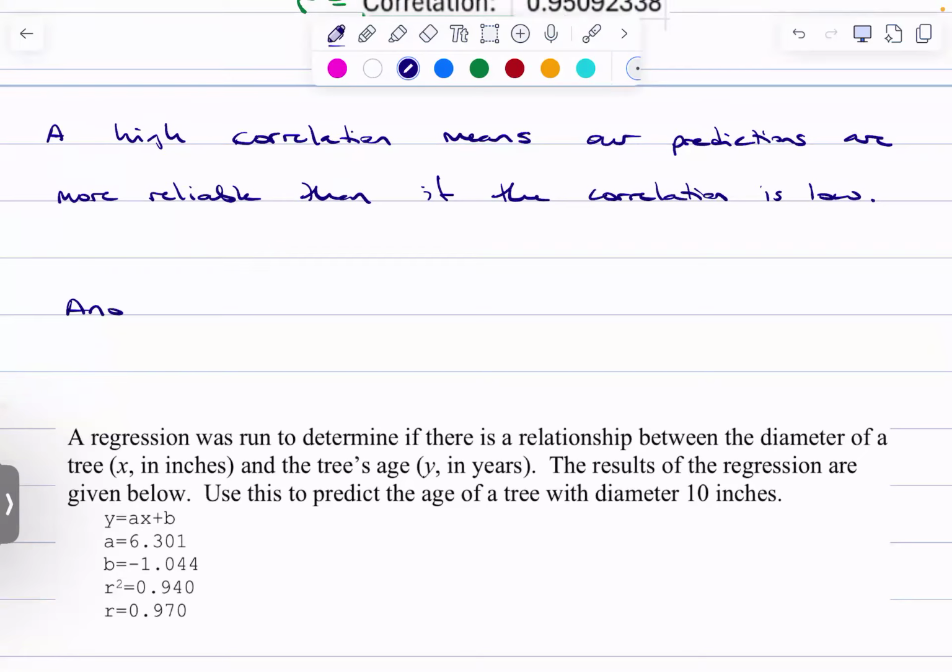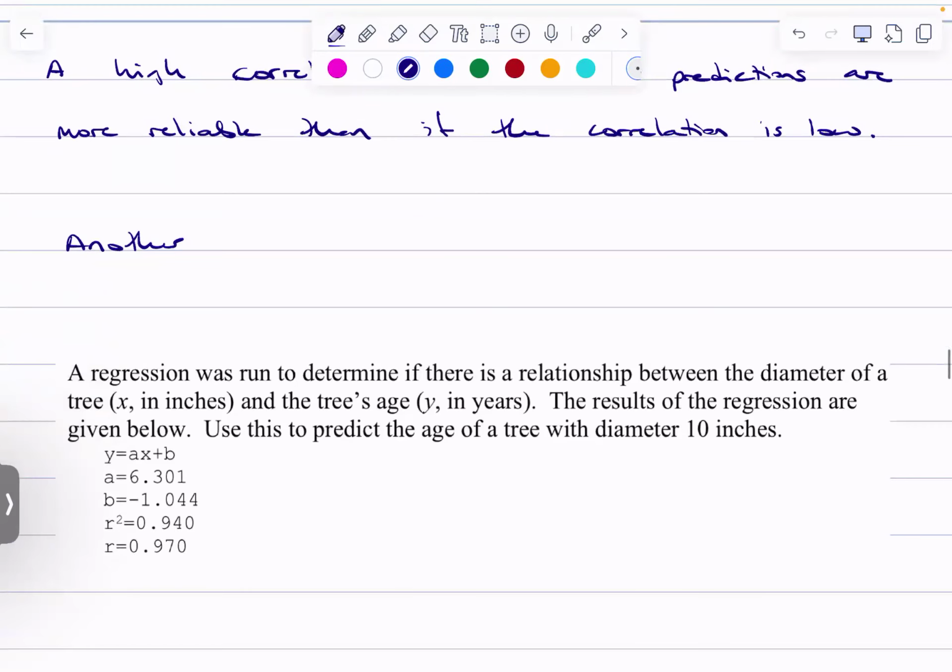So another common statistic that we report is called the R squared. It's the coefficient of determination, but don't worry about that.